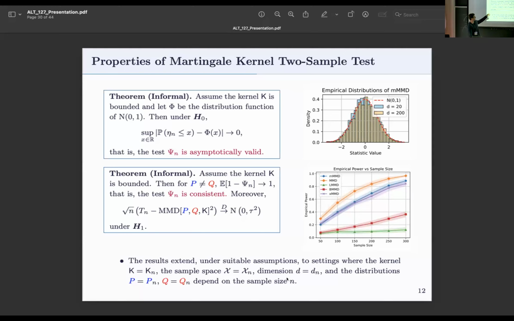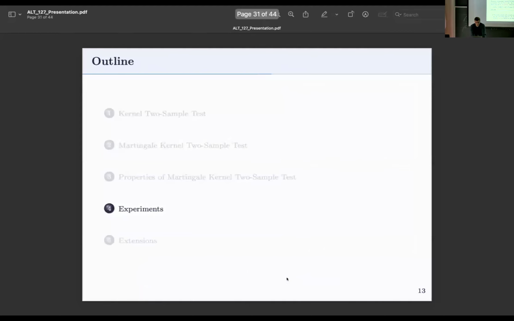They were also able to prove this asymptotic normality under the alternative. It's worth noting that the results extend under very mild assumptions to settings where the kernel can depend on the sample size, the space can depend on the sample size, the dimension can depend on the sample size, and even the distributions can depend on the sample size. So none of these quantities have to be fixed in order for the theorems to go through.